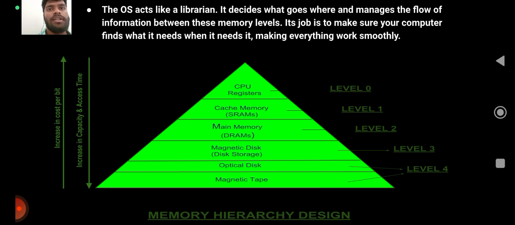Let us understand with the help of the diagram. As I told you, the cache is at the top, and the CPU registers are the fastest when compared to all of these because they are present inside the CPU. Next come the cache, the main memory, and the secondary storage, that is disk, optical disk, and magnetic tape. As we go up, the speed increases rapidly, and the cost also increases rapidly because the speed is more.